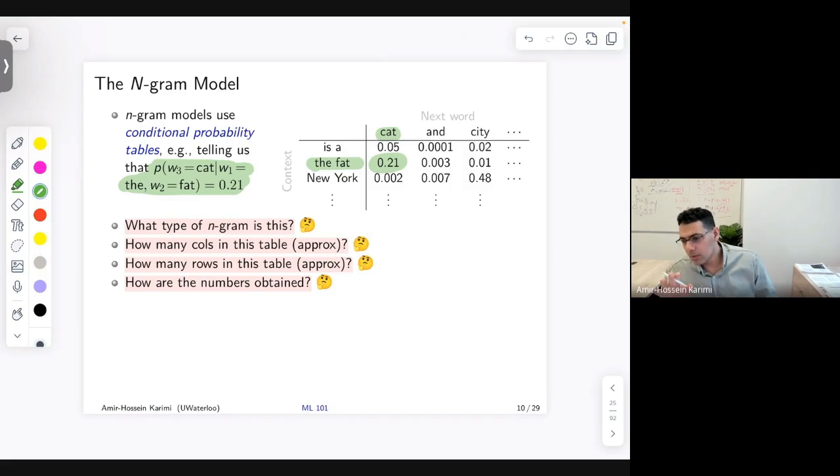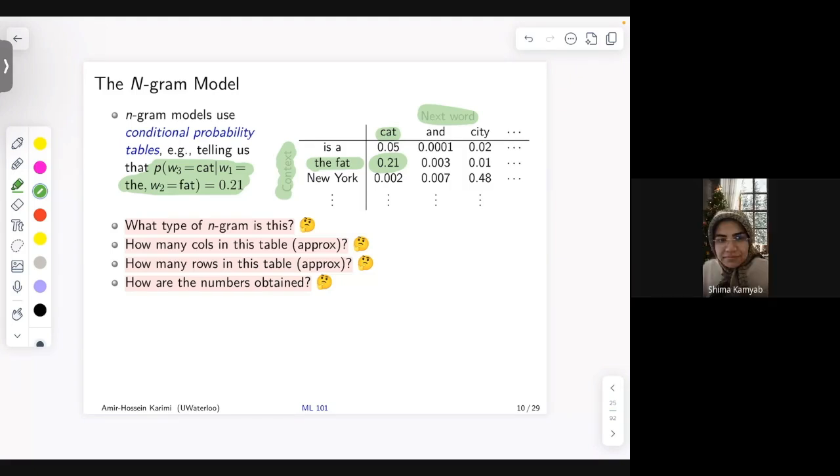Now, a couple terminologies here for you. We call everything preceding the nth word the context. And of course, the next word is just a target word for which we're trying to understand the probability. So in this example, the fat cat, what type of n-gram is this? Is it a unigram or bigram or?